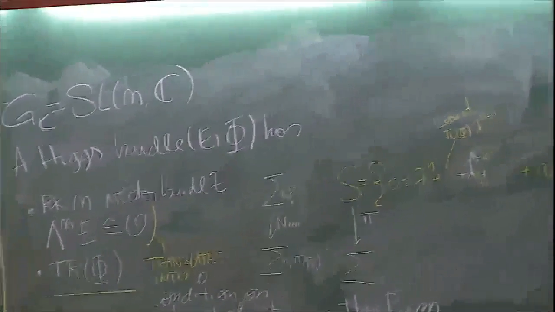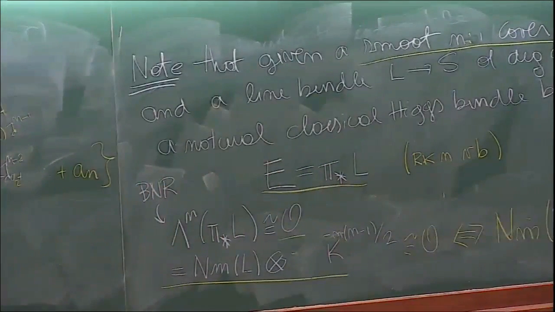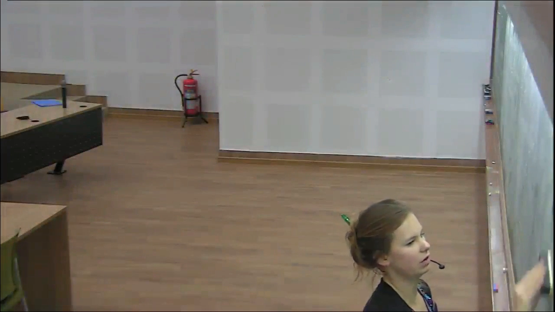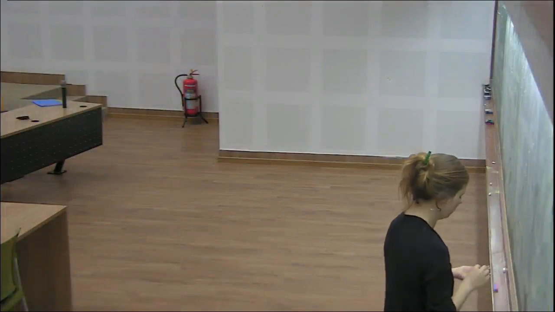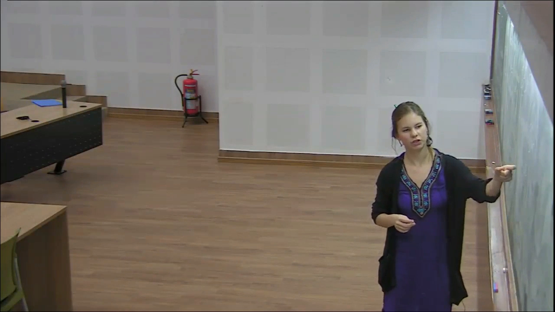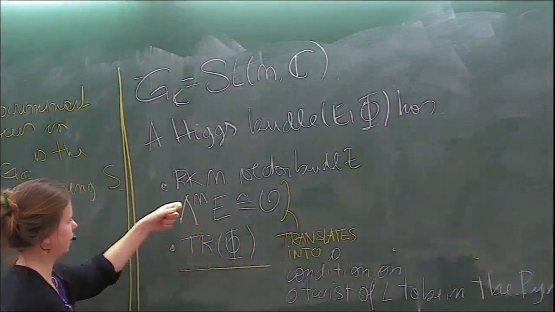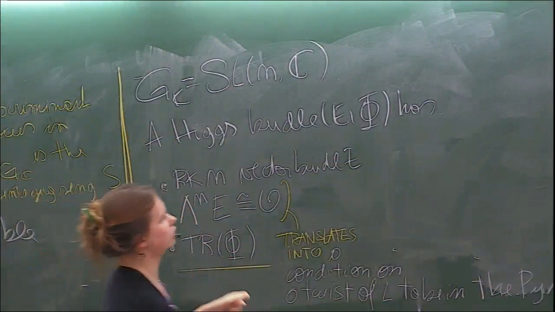So the twist is important, and it's important the fact that we have (n-1)/2. In some cases, you have to choose square roots, and when you choose square roots, you have choices that have to be accounted for. But the overall idea is that by putting the extra conditions on your vector bundle and on your Higgs field, you put conditions on your spectral curve from the Higgs field and on your line bundle from the vector bundle to describe the generic fiber.